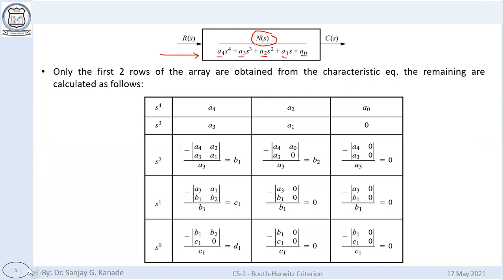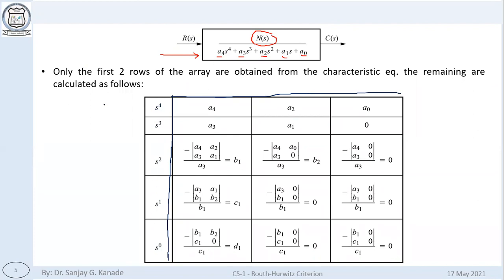When solving the problem, we will draw a line like this and a line like this, and these are the powers of s. What is the highest power of s here? It is s raised to 4 in the characteristic equation. So we start from s raised to 4, then s cube, s square, s raised to 1, s raised to 0, like that.